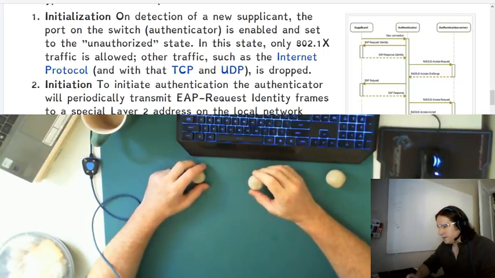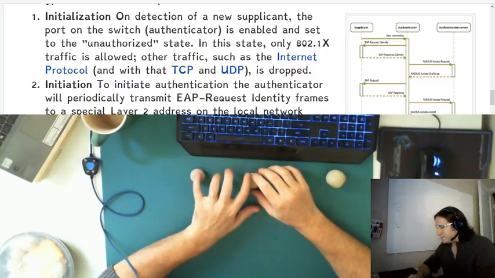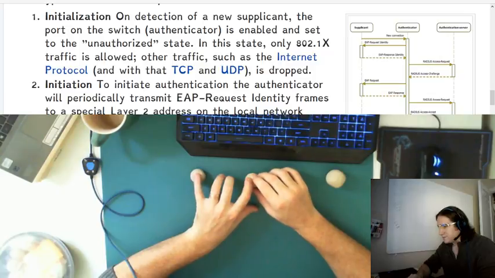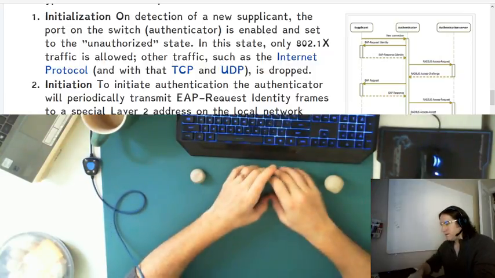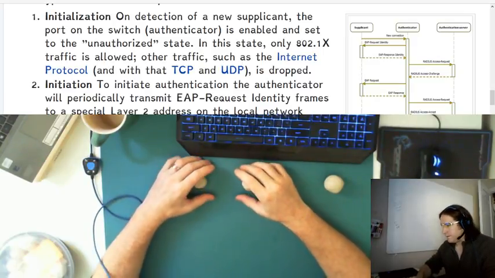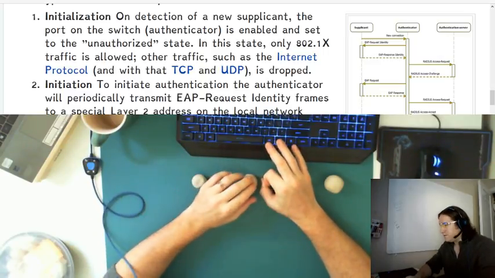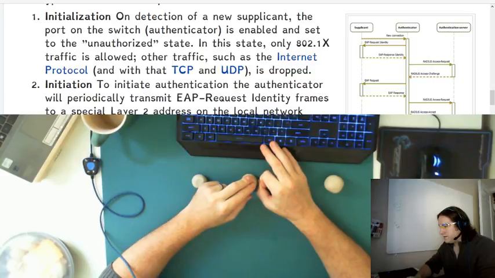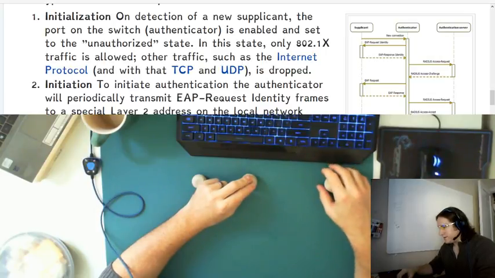The authenticator then encapsulates this identity response in a RADIUS access request and forwards it to the authentication server. The authenticator encapsulates the user ID and password in an access request packet and forwards it to the authentication server.